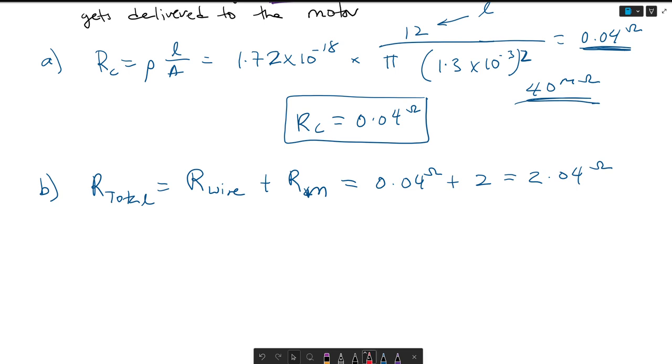Now we can calculate our I, which is equal to V over R. We're given a 12 volt battery, and our resistance is 2.04 ohms, so this is equal to 5.88 amps.